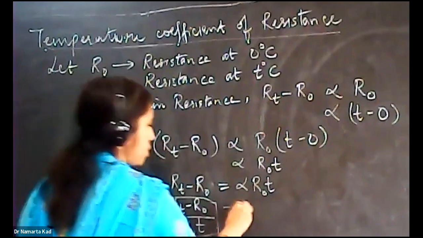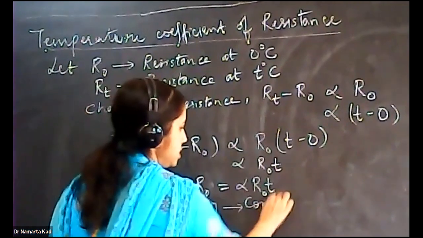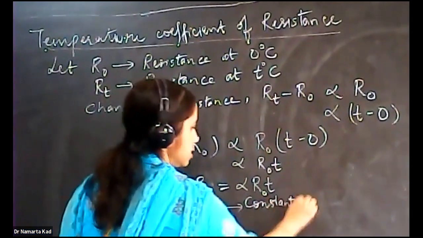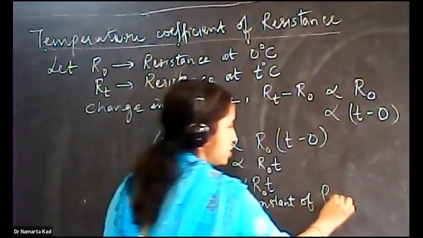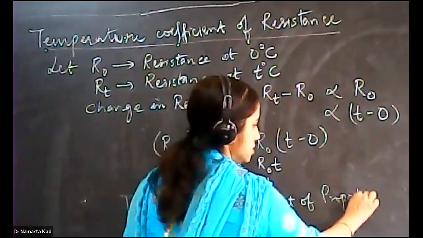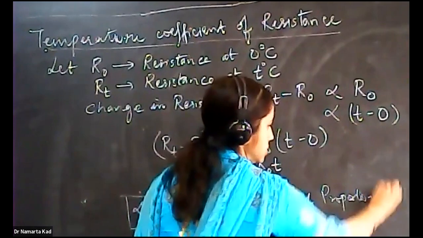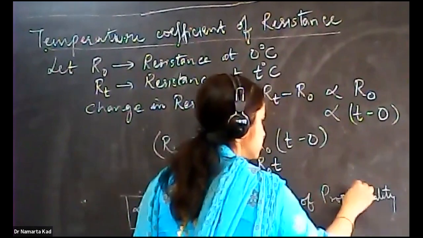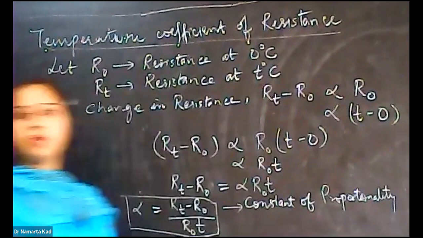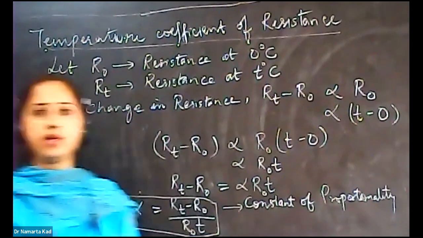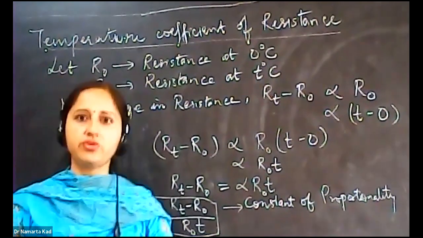Okay, and this is called the constant of proportionality and called the temperature coefficient of resistance.